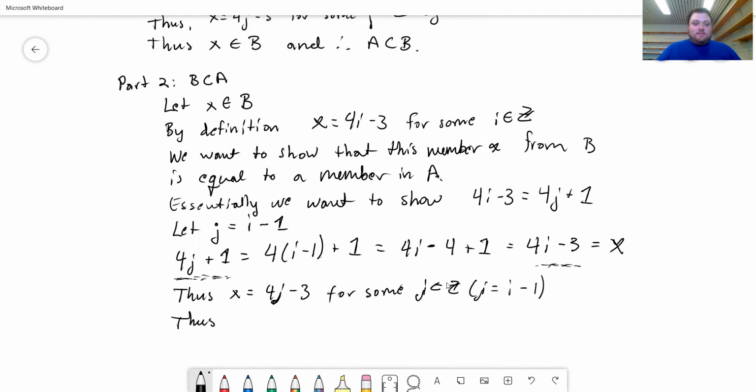Thus, x is an element of A, and therefore B is a subset of A. And what we've just shown by showing both part A and part B is that A is equivalent to B.